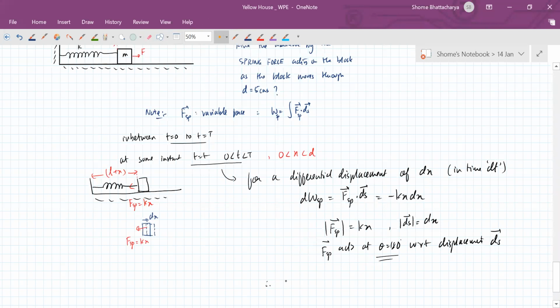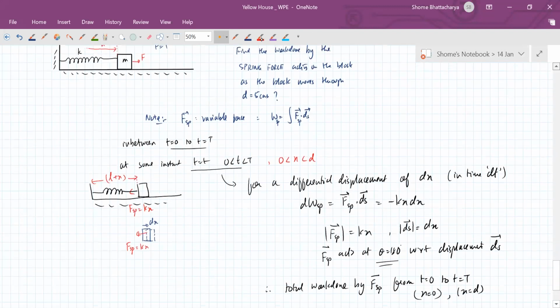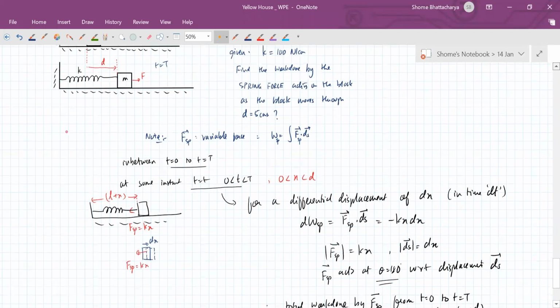So the total work done by the spring force from t equal to 0 to t equal to capital T, when x was 0 to x equal to capital T. In the above diagram, you can see that we are going from a situation where the spring was at natural length to a situation where the spring is now extended by d.